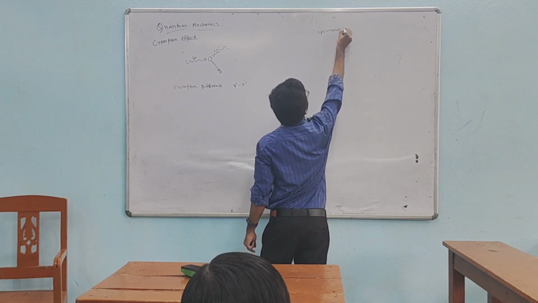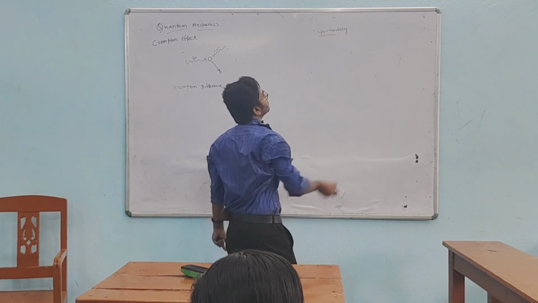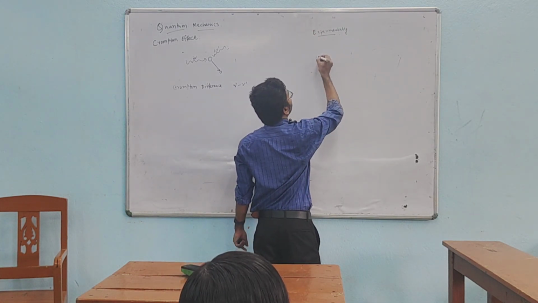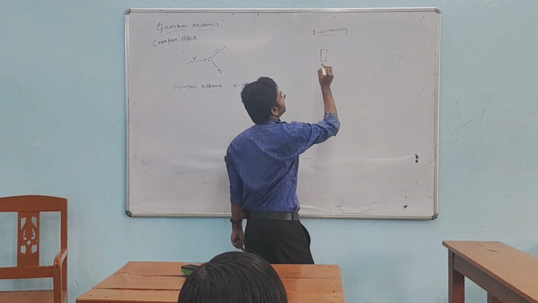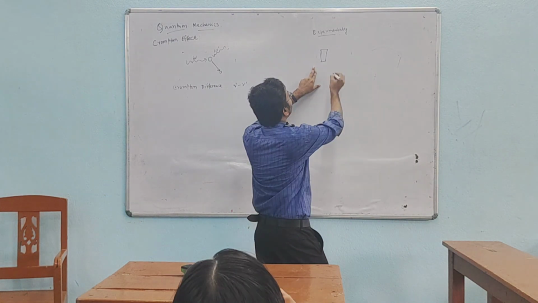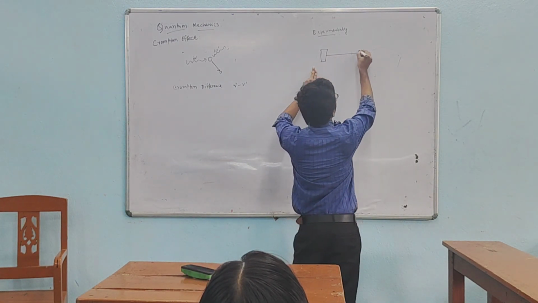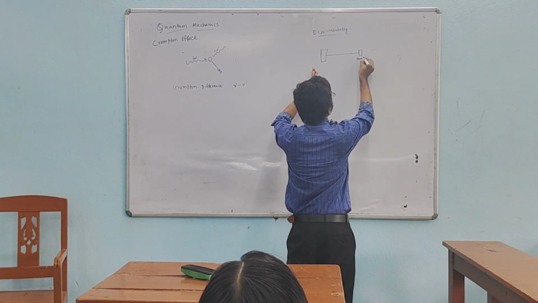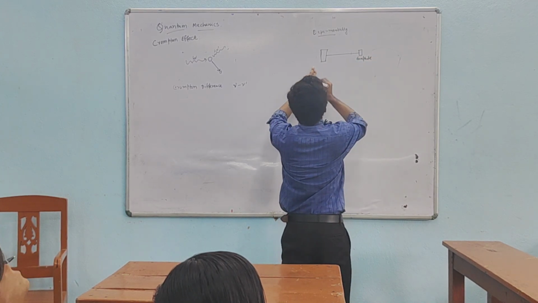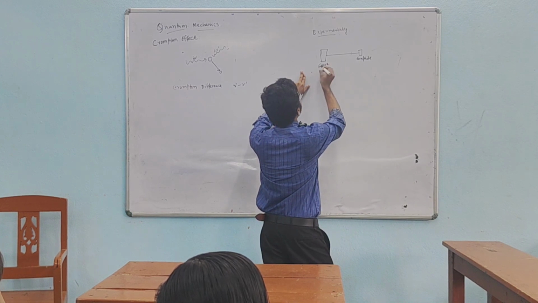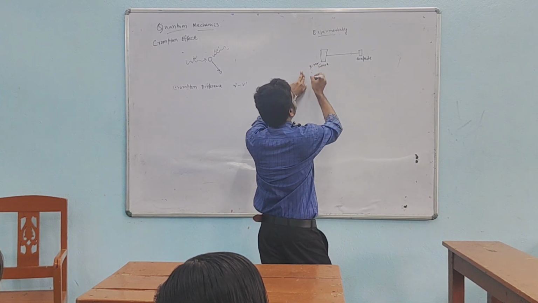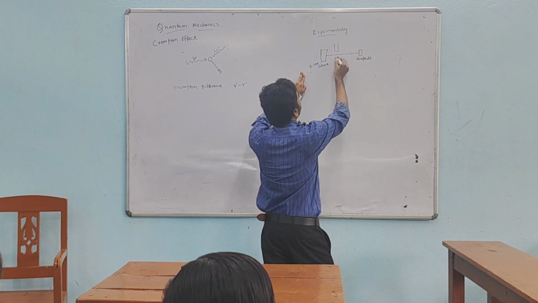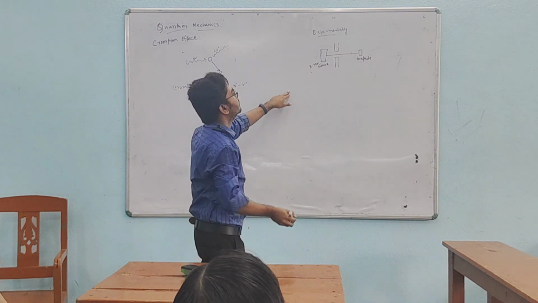And what can you prove experimentally? Experimentally, suppose there is some source of X-rays which falls on a material, let's say graphite. There are some collimators which block the unwanted rays.